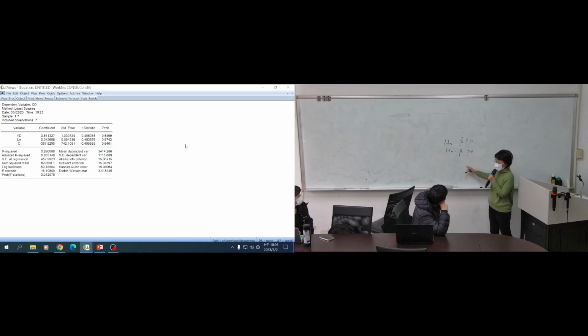If the p-value is greater than alpha, we do not have enough evidence to infer that the alternative hypothesis is true. In other words, we do not reject the null hypothesis.